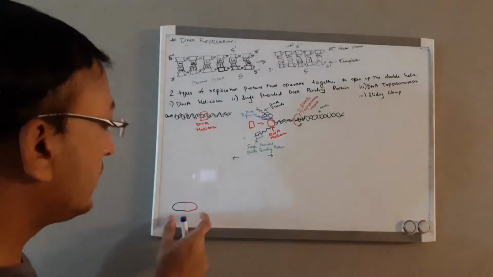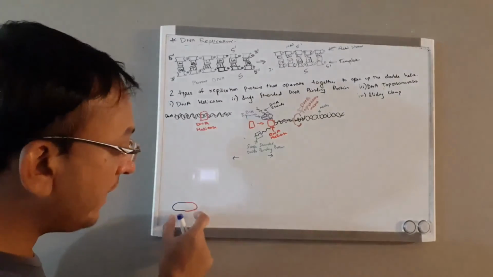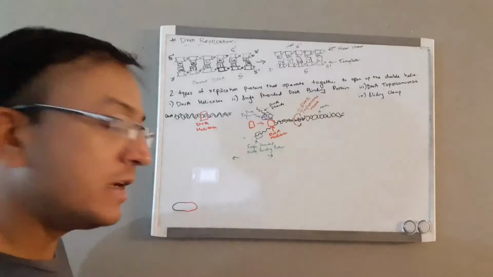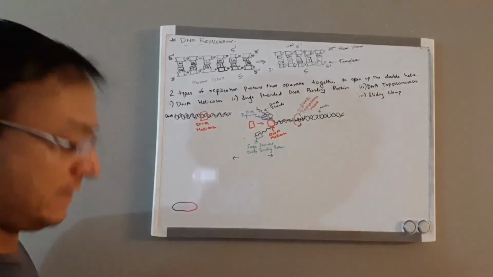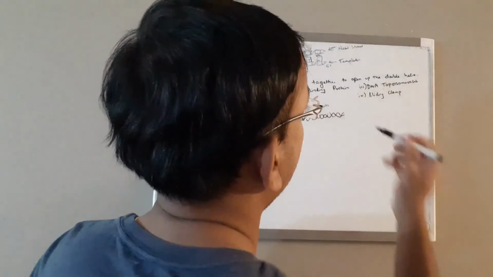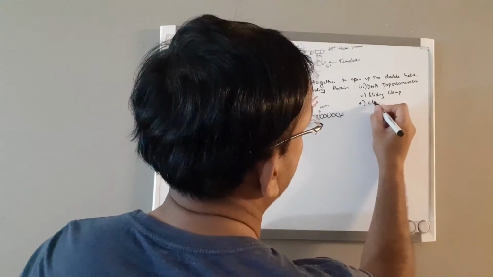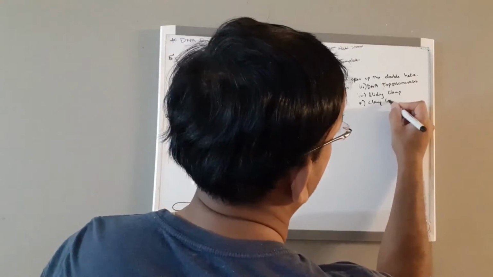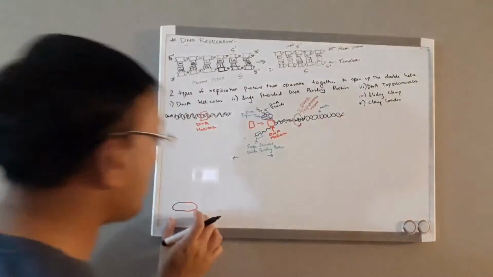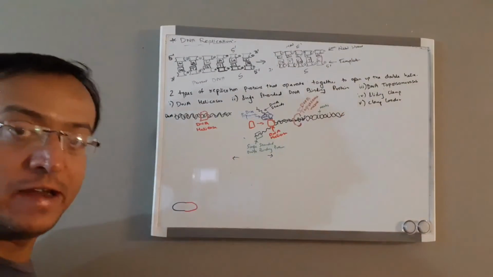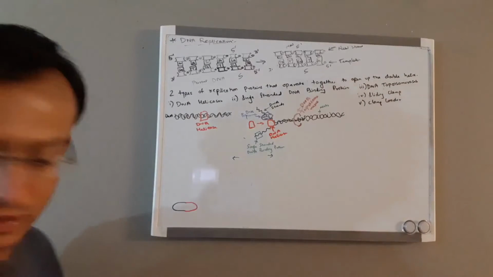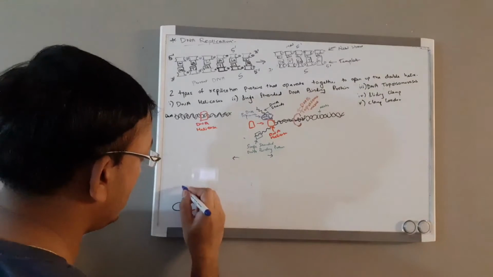So how the DNA fits in this sliding clamp is that there is one more protein, a clamp loader. We need a clamp loader to load the DNA into the sliding clamp. So for example, I have this one here.